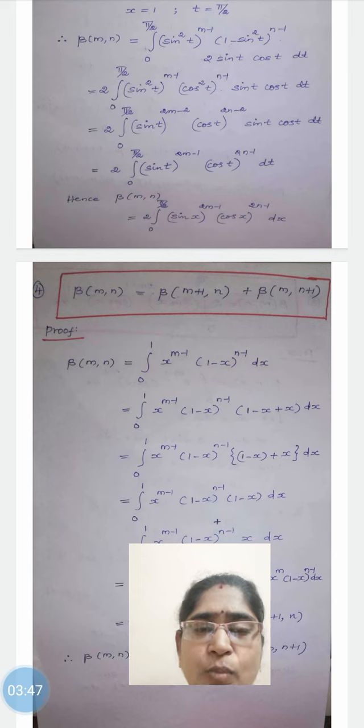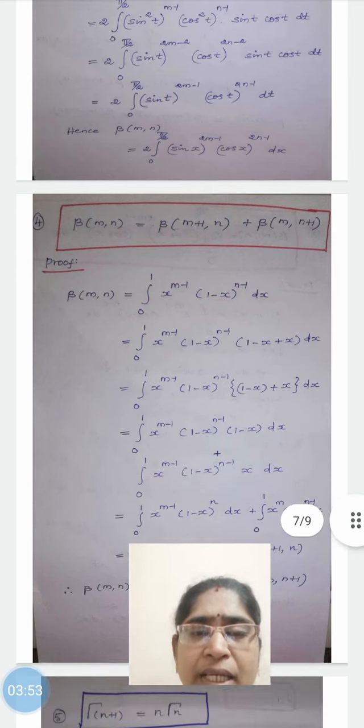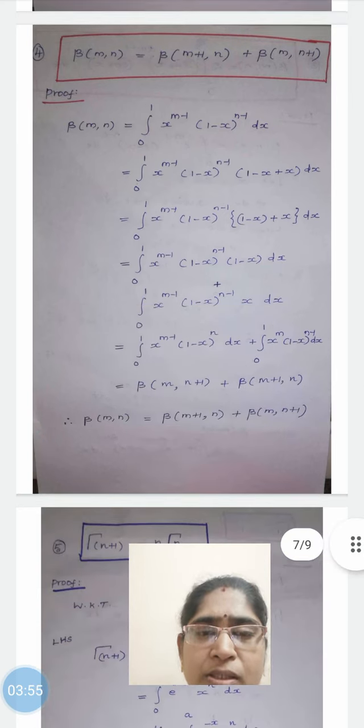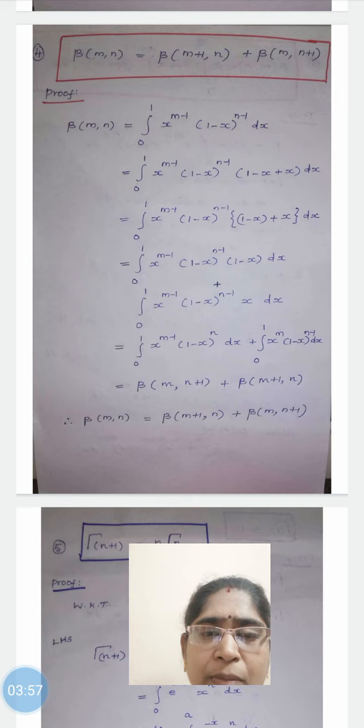In the place of 1, we can write this as 1 minus x plus x. So in the next step, splitting this into two terms. The first term is nothing but beta of m comma n plus 1, and the second term is beta of m plus 1 comma n by using the definition of beta function. So hence we have got the fourth property.